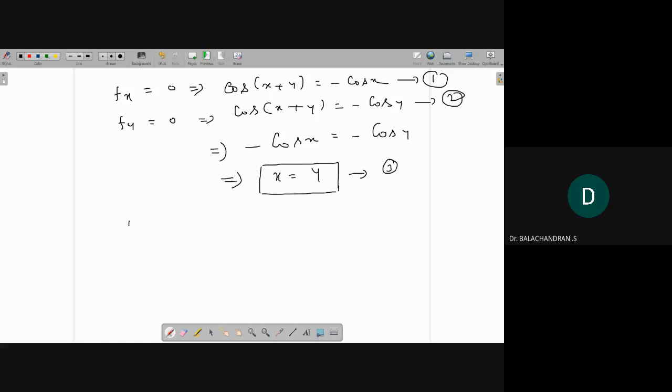So the first equation implies cos of x plus x, cos 2x, is equal to minus cos x. So cos 2x is equal to 2 sin x cos x, minus cos x.